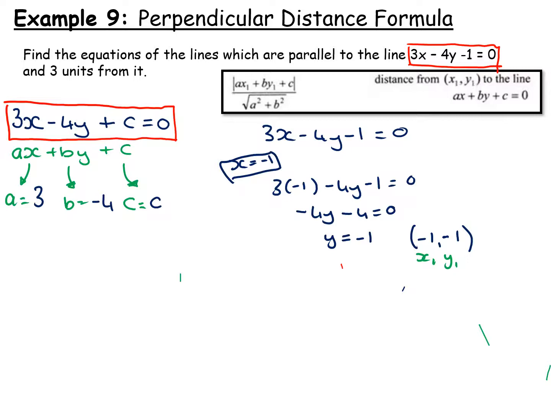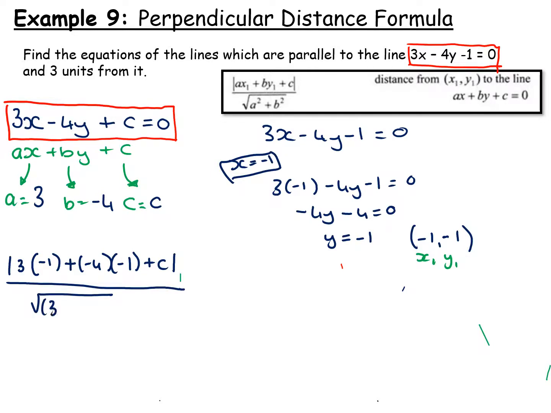When I sub into my formula, we get ax1 plus by1 plus c all over the square root of 3 squared plus minus 4 squared. We know that that should give us 3 units.